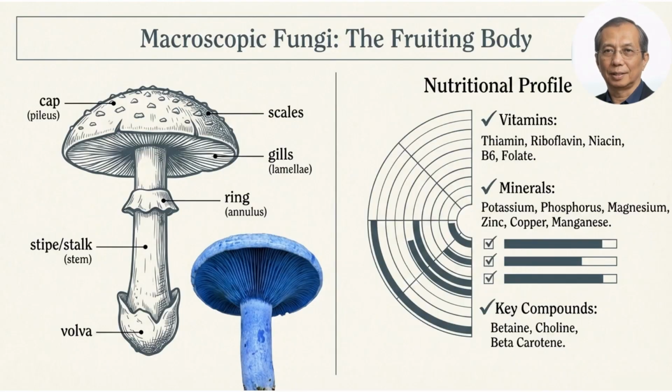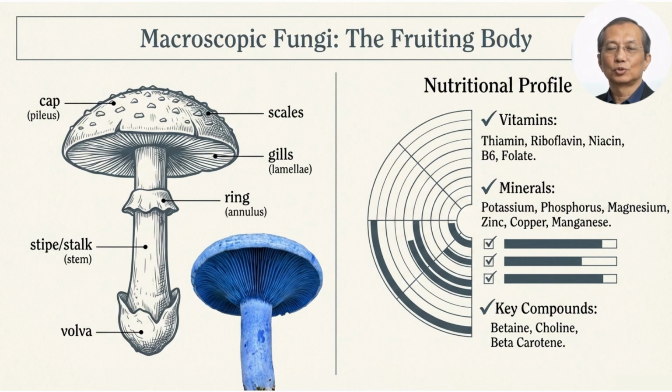Beyond the microscopic, we encounter macroscopic fungi, most notably represented by the fruiting body of mushrooms. This slide details the anatomy of a typical mushroom, including the cap, pileus, scales, gills, lamellae, ring, annulus, stipe, stalk, stem, and volva.